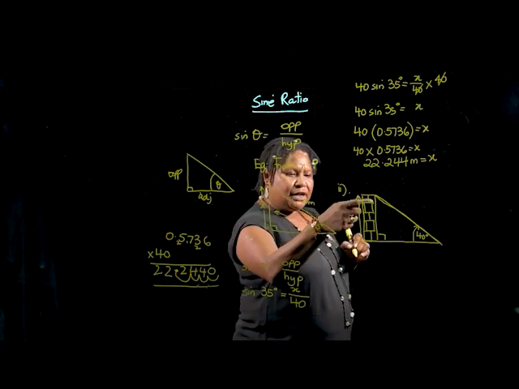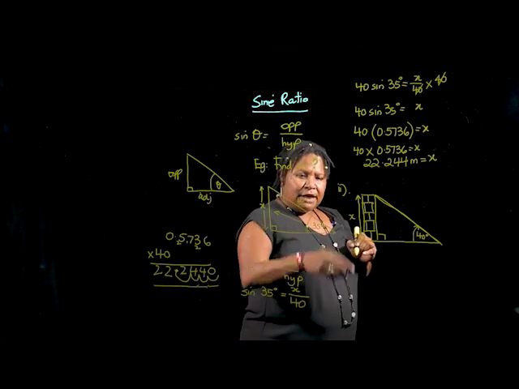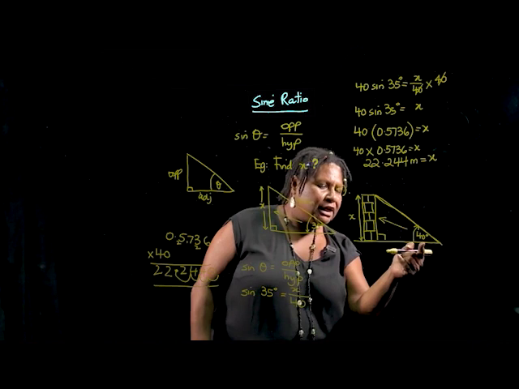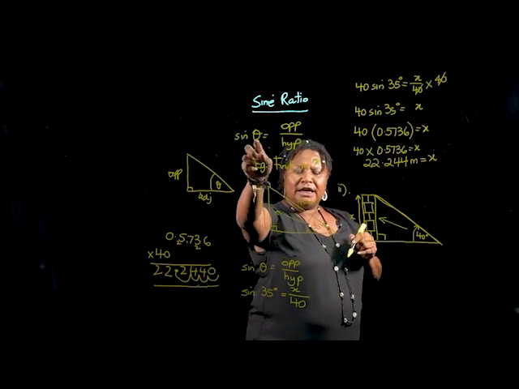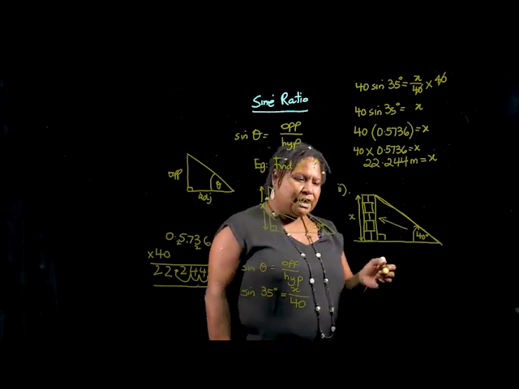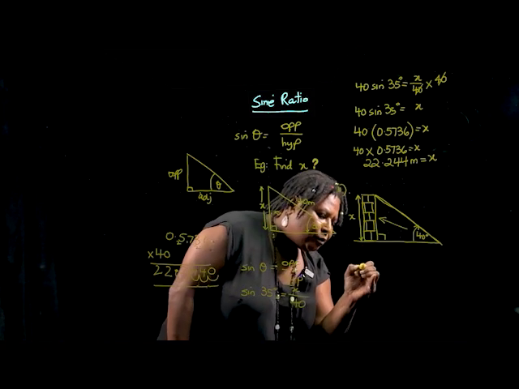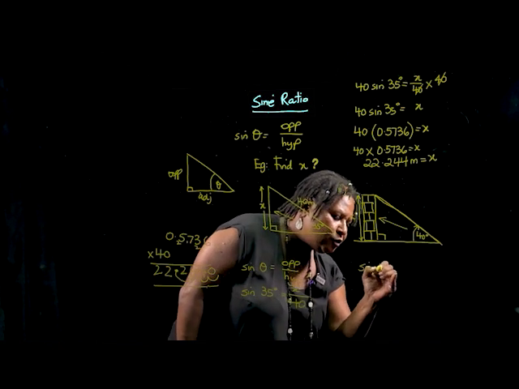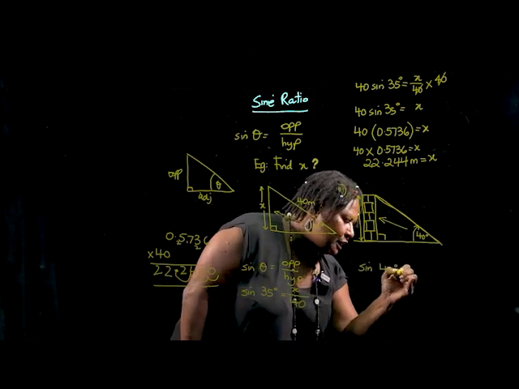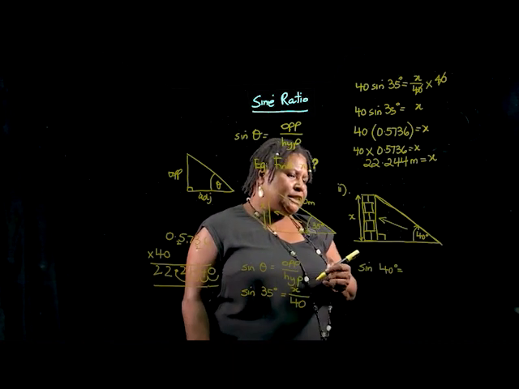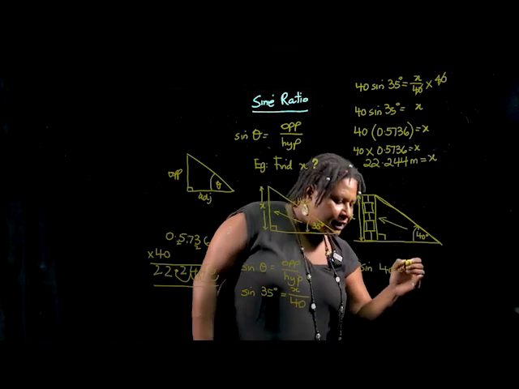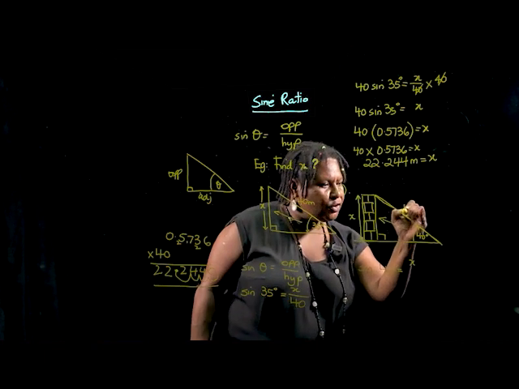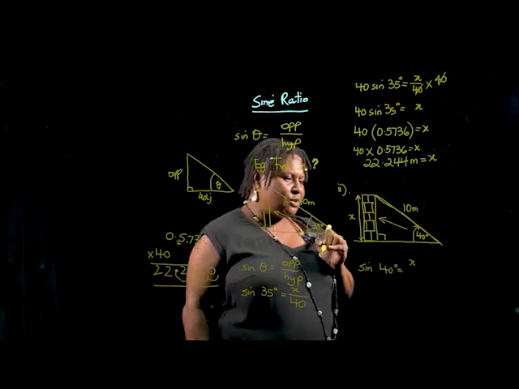Now how do I find the length of that wall there? Again, notice that that unknown side is opposite the given angle. So you are using the sine ratio. So let's rewrite that formula. Sine, remember you are using the angle, so 40 degrees is equal to, the opposite side is x. And remember I mentioned your ladder is 10 meters long.